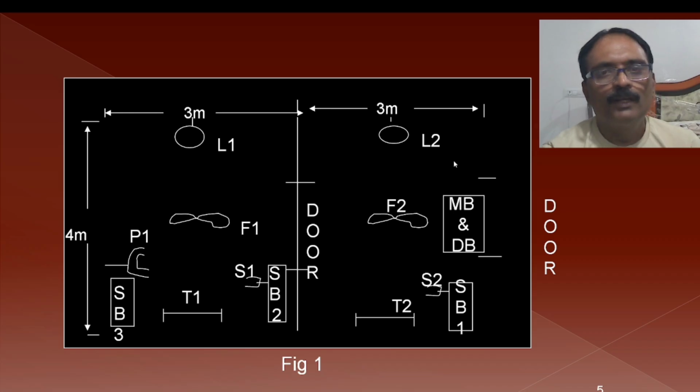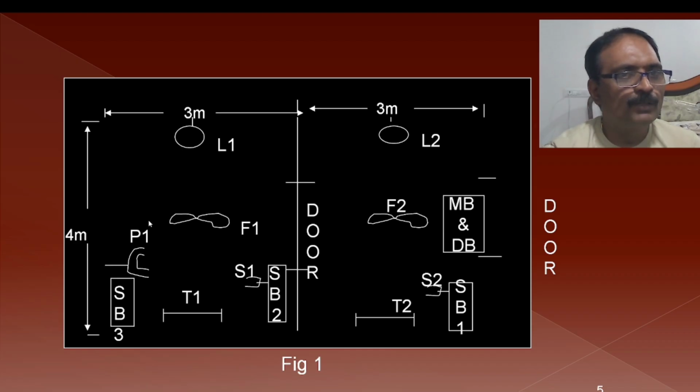In hall number 1 we have one lamp, one fan and one tube light. At the entrance we are going to provide the main board and distribution board, and there is one socket here, one switchboard. That's the specification and the loads that we have in this hall.